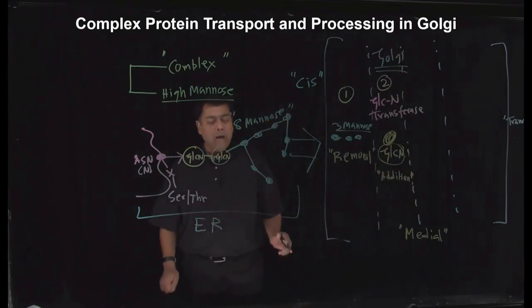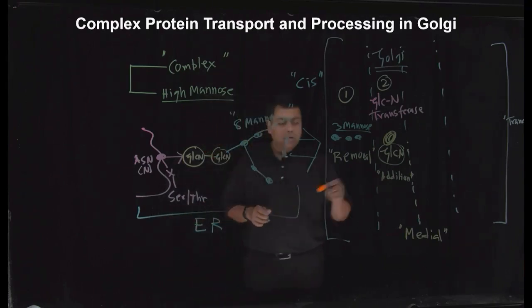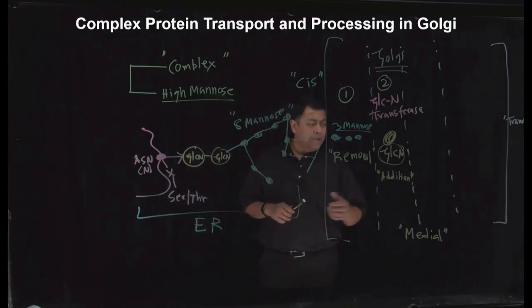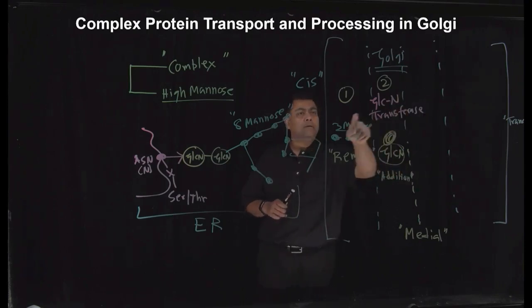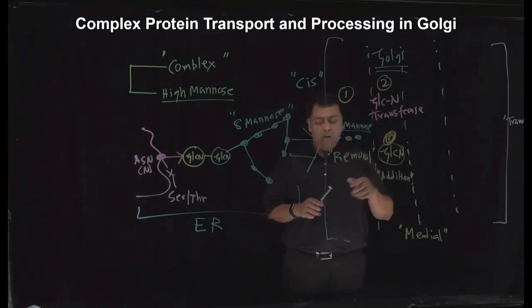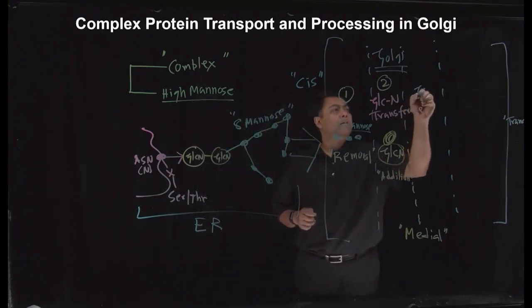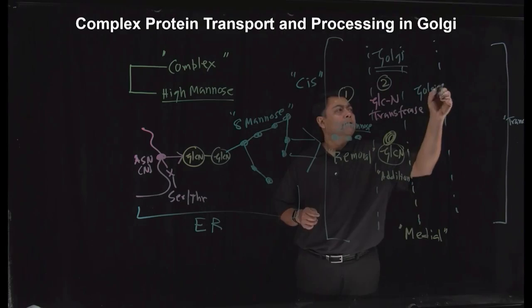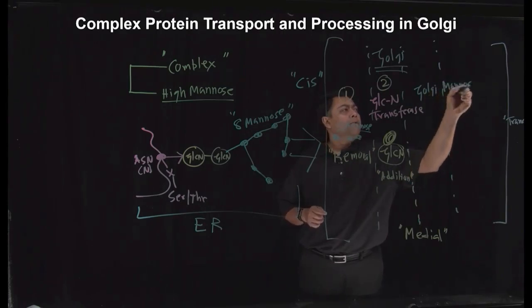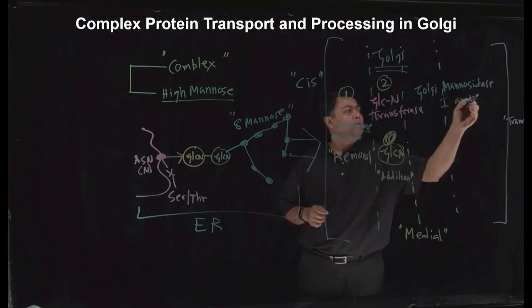Now after that, there are another 2 enzymes that are going to work here. Here we have the Golgi alpha mannosidase, and here again there are proteins which are Golgi mannosidase 1 and 2.